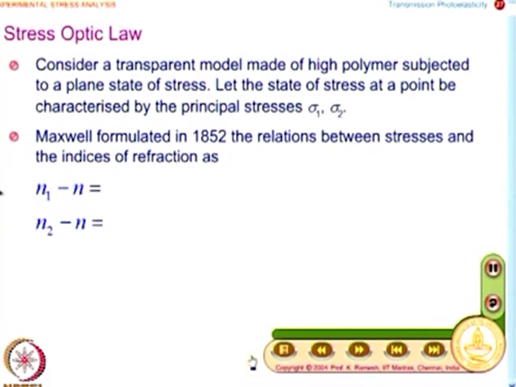And Maxwell in 1852 formulated relations between stresses and the indices of refraction, as he conducted a series of tests and found that n 1 minus n is related to sigma 1 minus sigma 2. It is a function of the material constant.